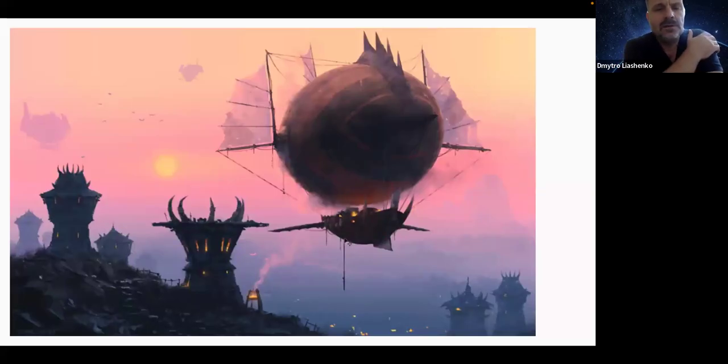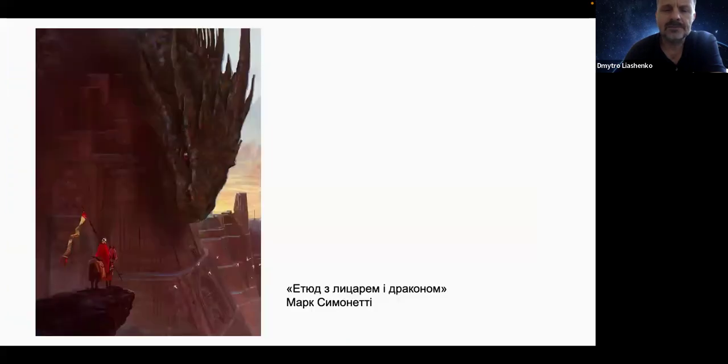Well, small and big objects. This Montgolfier, or aerial balloon, I don't know in English, is also important.